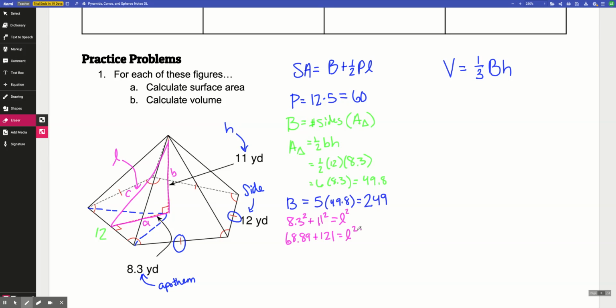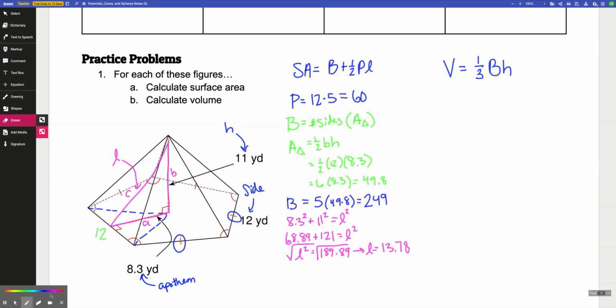So I'm going to add those together, and I get that my slant height squared is 189.89. And then I'm going to take the square root of both sides. So I get that my slant height is, not 70, oh my goodness, is 13.78.